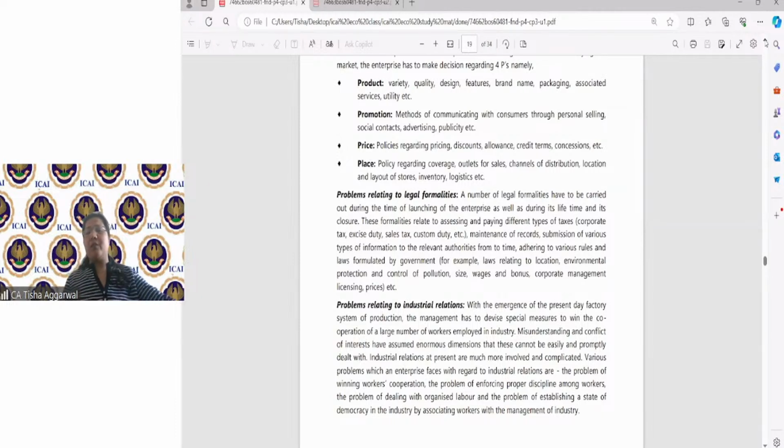We need to understand how my workers are going to be managed, how the whole system is going to be managed, wherein the industry will take place in sync with the workers, that is, the employees of the organization. This is the problem relating to industrial relations. Yukta, is it clear to you now?